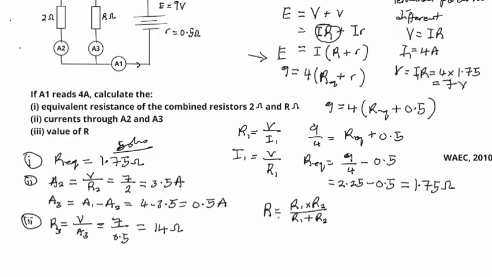If you make R2 the subject of the formula here, okay, not yet, we have to do the substitution first. So R equivalent, what did we get? 1.75 equals, our R1 is 2, times R2 divided by 2 plus R2.